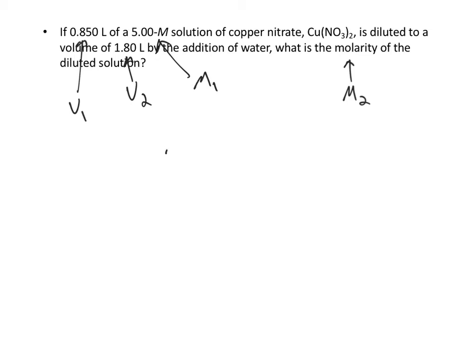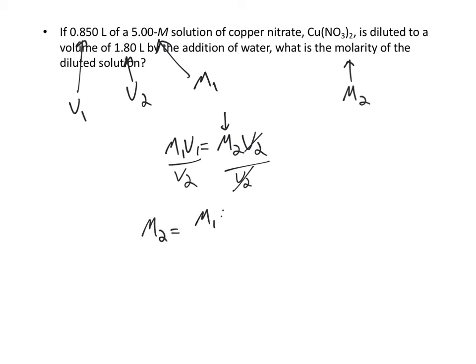So when I look at M1V1 equals M2V2, M2 is essentially my X, so I want to get that by itself. I'm going to divide both sides by V2. And so our final concentration should be M1 times V1 over V2.